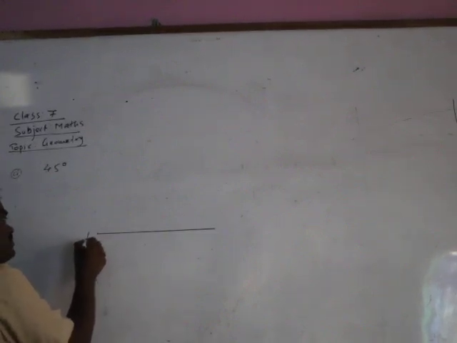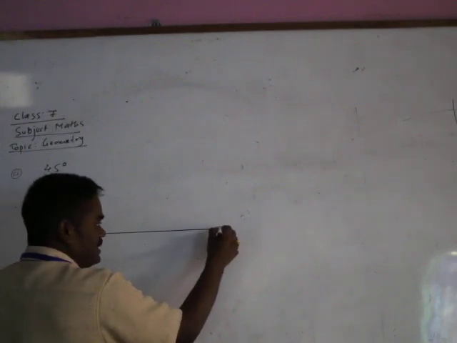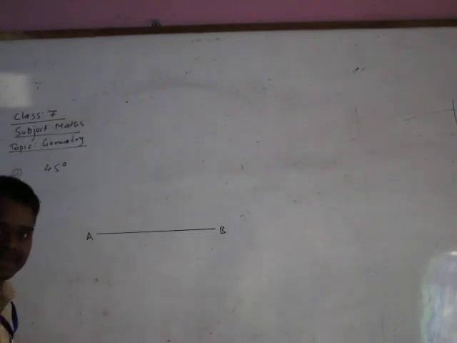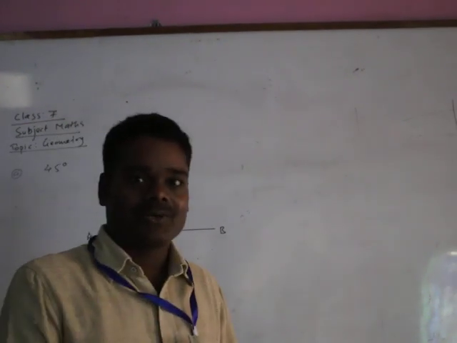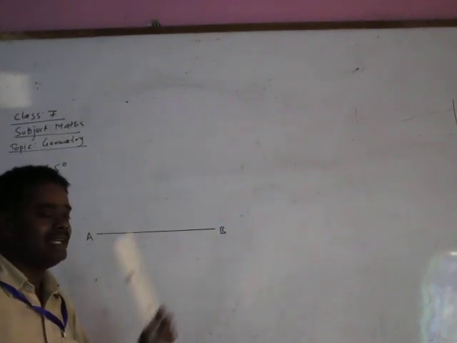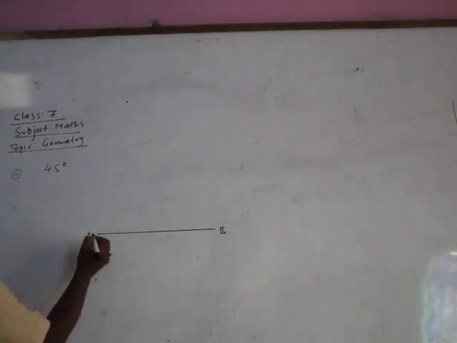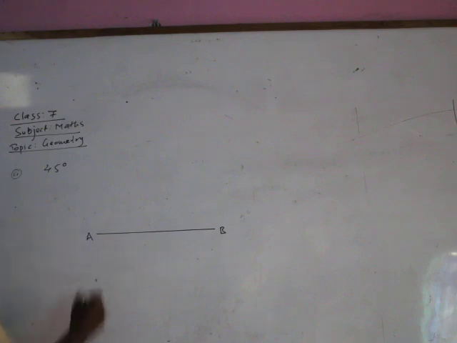I have named this initial line or base line AB. Any confusion? So firstly you have to draw the line AB, and then take this as the common point. At point A you have to draw the arc with the compass.